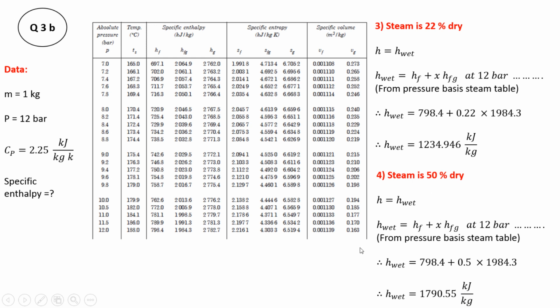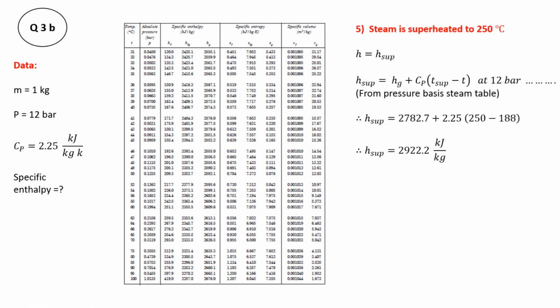Now for the next case where the steam is superheated, we will require the value of the saturation temperature. Ts is the saturation temperature, and that value at 12 bar pressure is 188 degree centigrade. So when the steam is superheated to 250 degree centigrade, the value of T sup is 250 and saturation temperature is 188, just now we have seen. Cp of superheated steam is 2.25 and Hg is 2782.7.